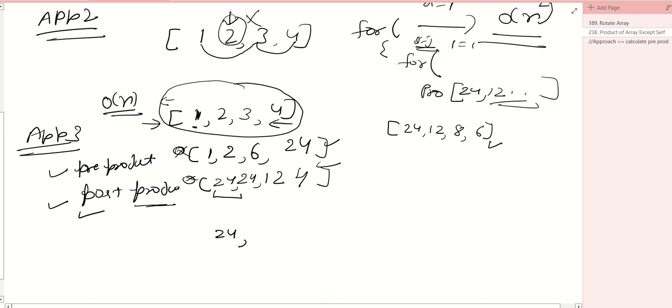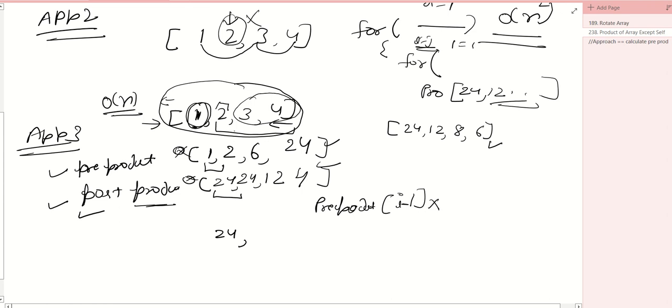Okay, for the second one, this is the product of this and the product of this. The product of this we are storing in the pre-product. So what we can write is pre-product of i minus 1 into this thing.